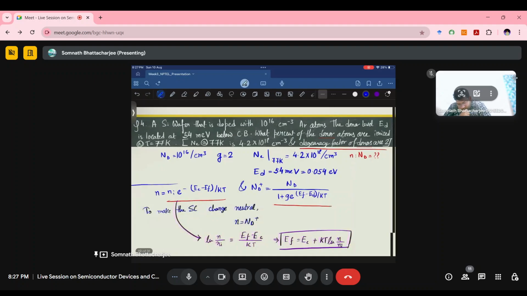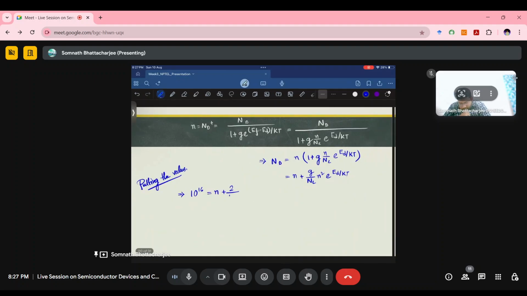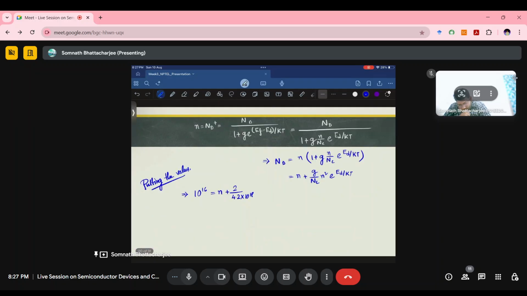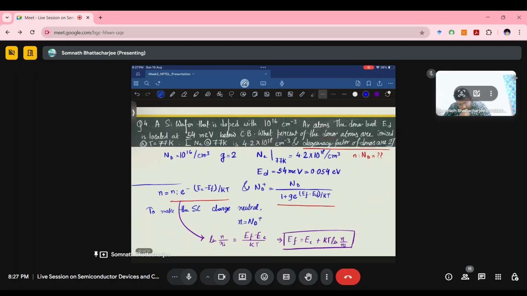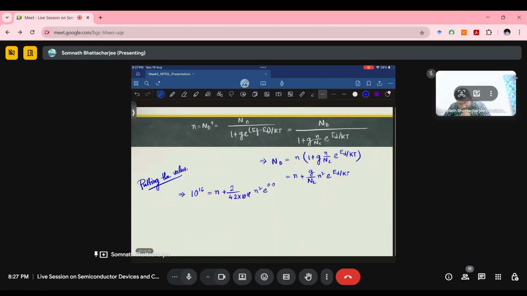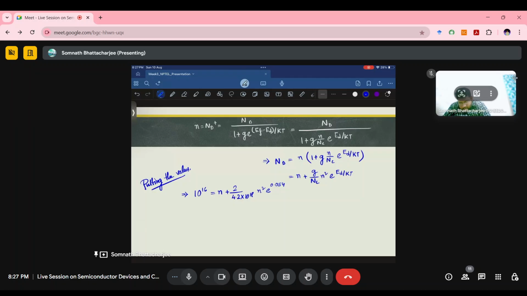NC was 4.2 into 10 to the power of 18, N square e to the power of 0.054 eV divided by KT.